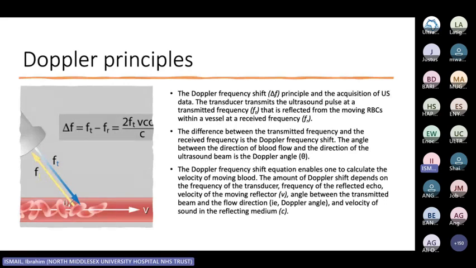The equation involves the frequency of the reflected echo, the velocity of the moving reflector, the angle between the transmitted beam and the flow direction, the Doppler angle, which is commonly used in arterial duplex ultrasound, and the velocity of sound in the reflecting medium.